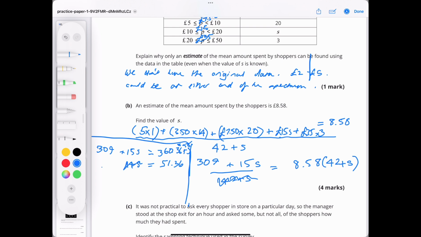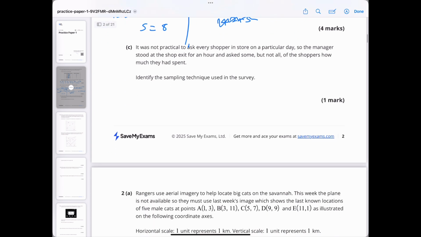So on this side, we've got 6.42S. I haven't quite woken up today. And now let's do 51.36 divided by 6.42, and that gives us S equals 8. I was going to say, whatever we got there was not going to work. So I think the end of that is do make sure you've timed out everything in your brackets. Don't be quite so sleepy.